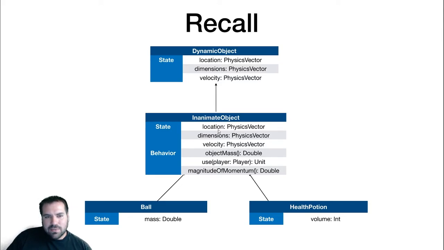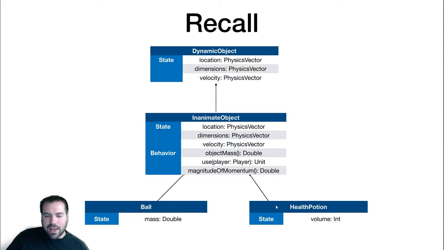When we use this inheritance structure, we guarantee that every object of type Ball or HealthPotion is going to have a location, dimension, and velocity, and will have the methods objectMass and use, which takes a player reference and a magnitude of momentum.